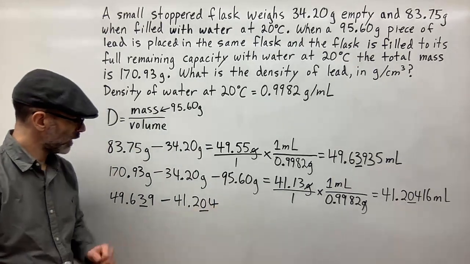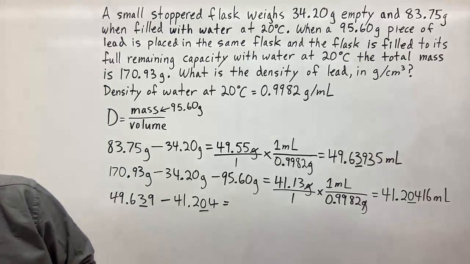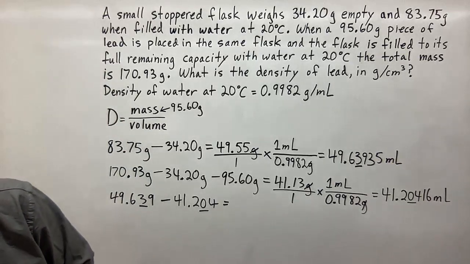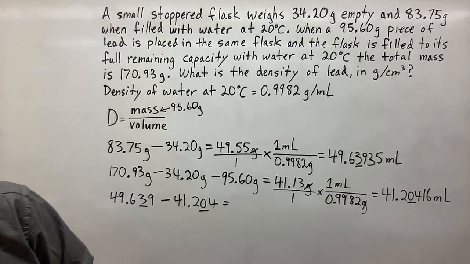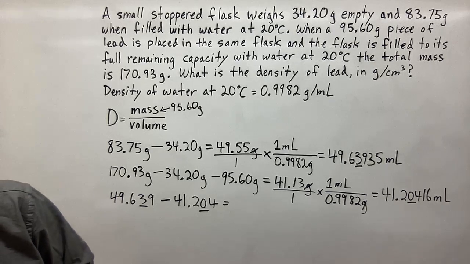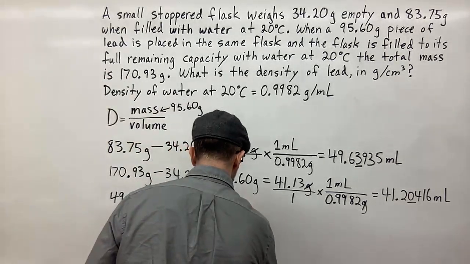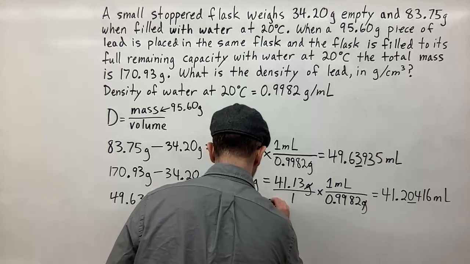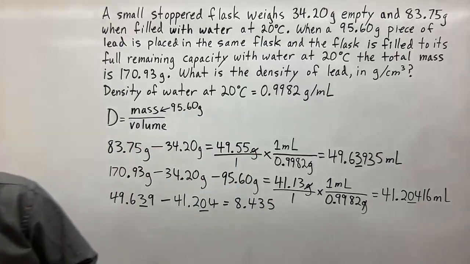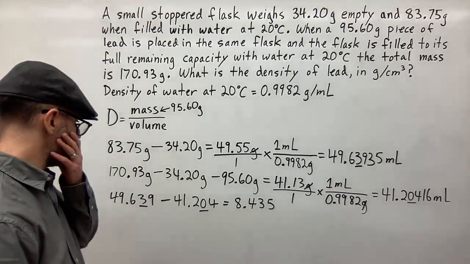So I'm going to keep one extra digit, and when I subtract those two, I get 8.4351. So 8.435.